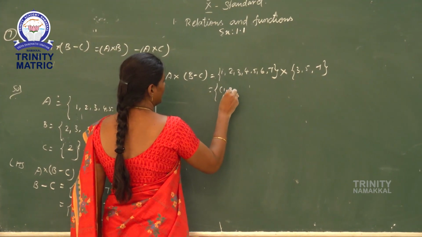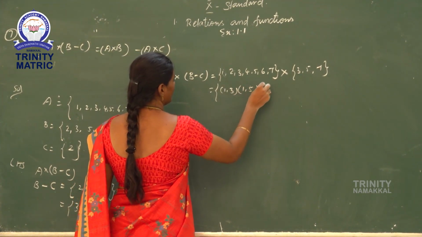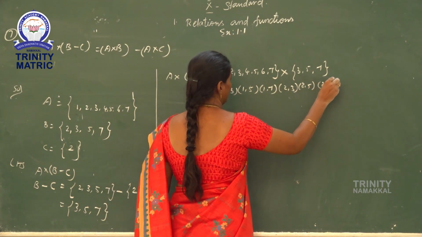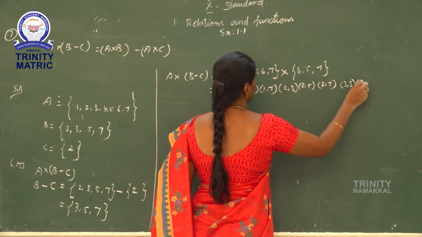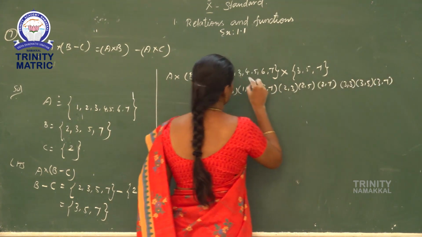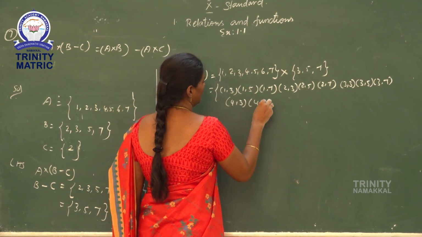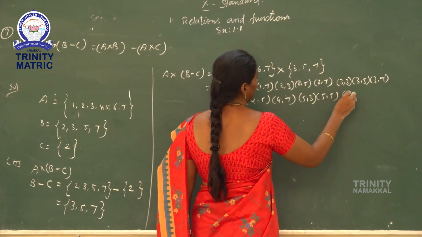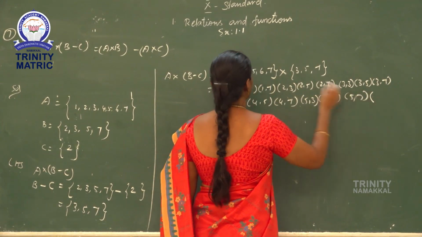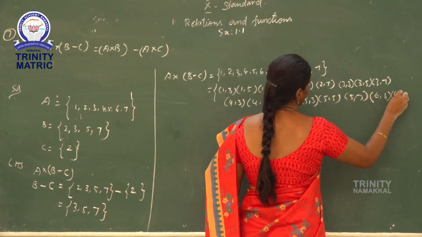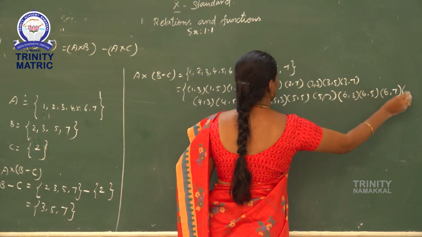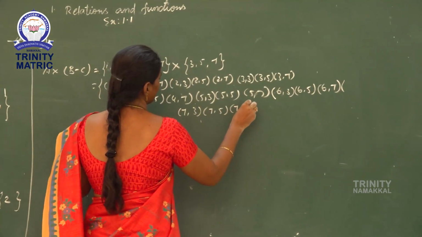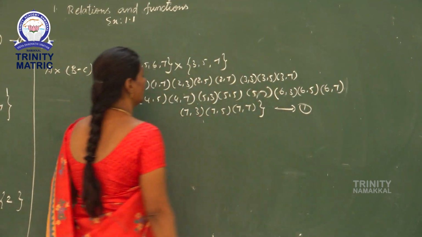What we have? (1,3), (1,5), (1,7). Next (2,3), (2,5), (2,7). Next (3,3), (3,5), (3,7). Next (4,3), (4,5), (4,7). Next (5,3), (5,5), (5,7). Next (6,3), (6,5), (6,7). Next (7,3), (7,5), (7,7). This is equation number 1.